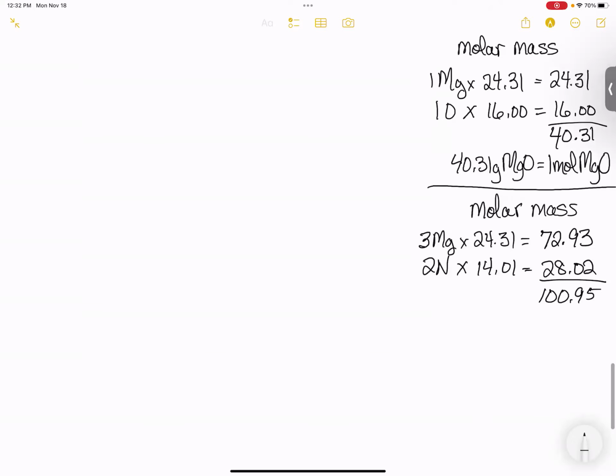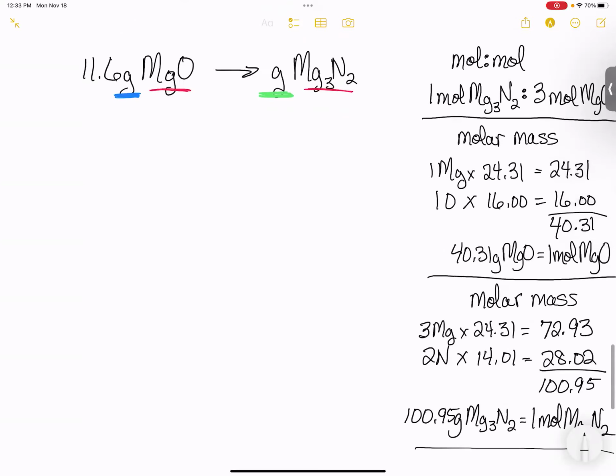That is 100.95 grams of magnesium nitride is 1 mole of magnesium nitride. Now that I have my conversion factors based off of what I was given, what do I do? Solve the problem.